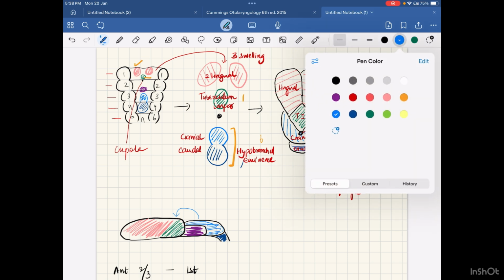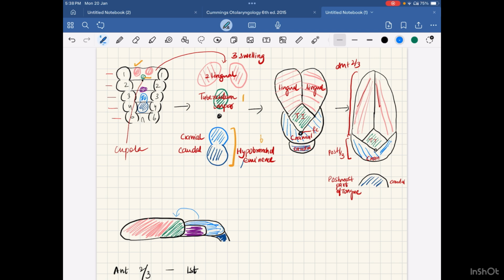So as we see here in this drawing that I've done, this is the posterior one-third of the tongue. This one in front is the anterior two-third, and this is the part where it is overlapping and joining the anterior two-third of the tongue. And this part is called as what? Sulcus terminalis.